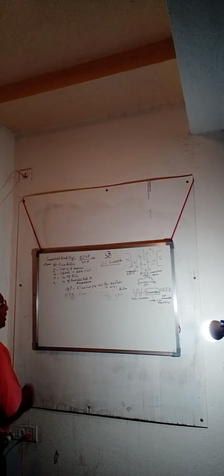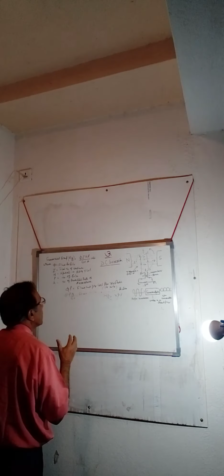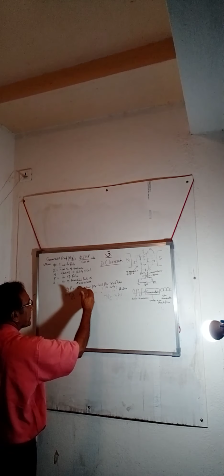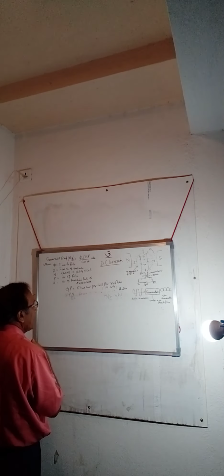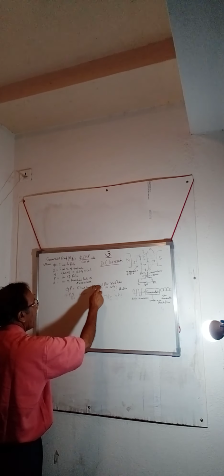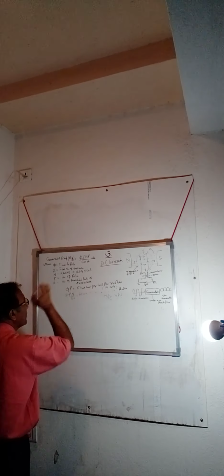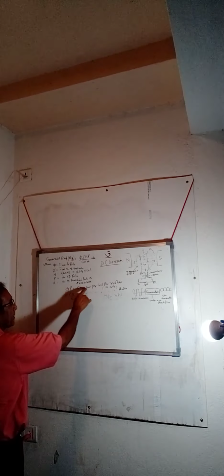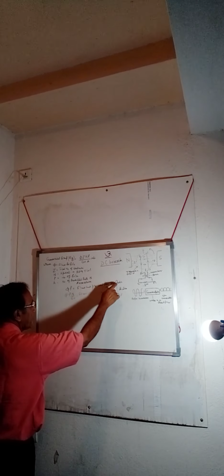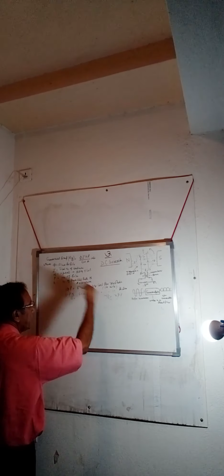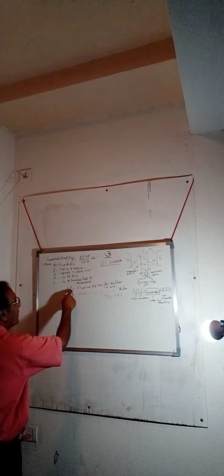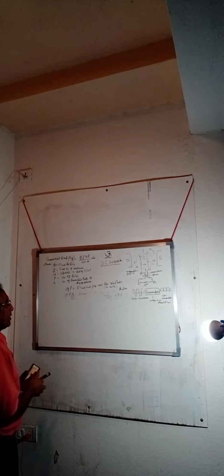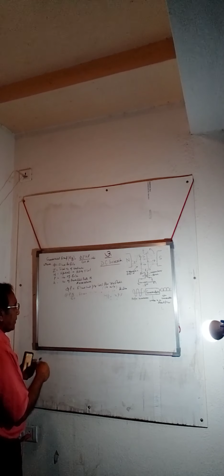So now we have to see the flux cut per coil per revolution. Flux cut per coil per revolution is phi P Weber. The flux cut by one coil in one revolution is phi P Weber.